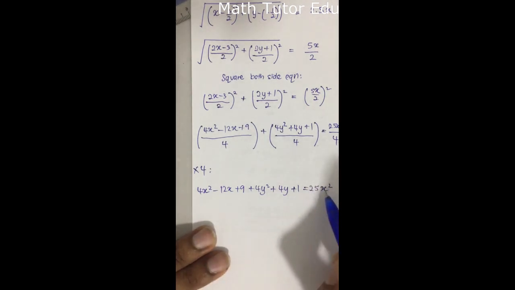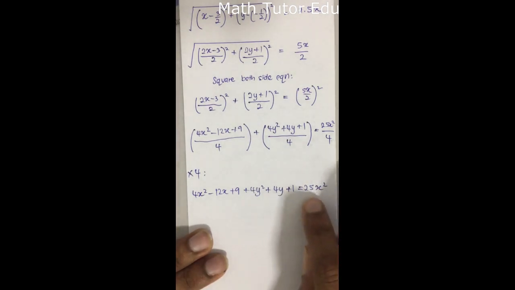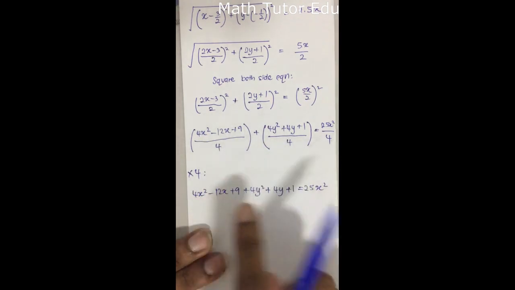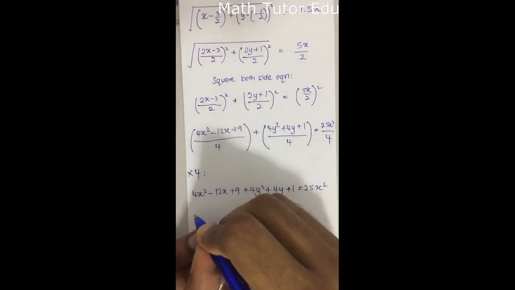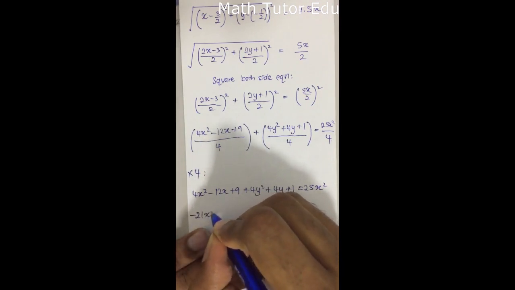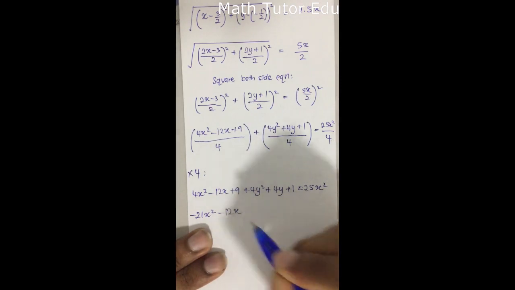So this 25x squared, from the right hand side you move it over to the left hand side. Do it one by one, solve the highest power first, start with the x variable. So 25x squared, when you move it here, it becomes negative. So negative 25x squared minus 4x squared, you get negative 21x squared, and then minus 12x.